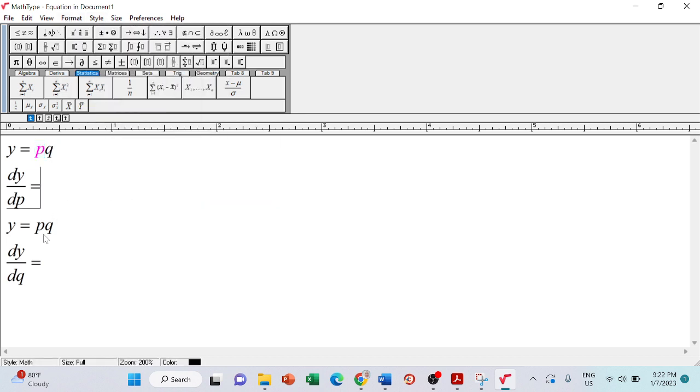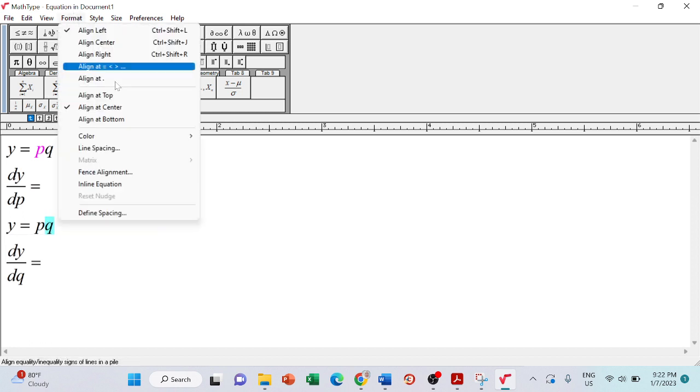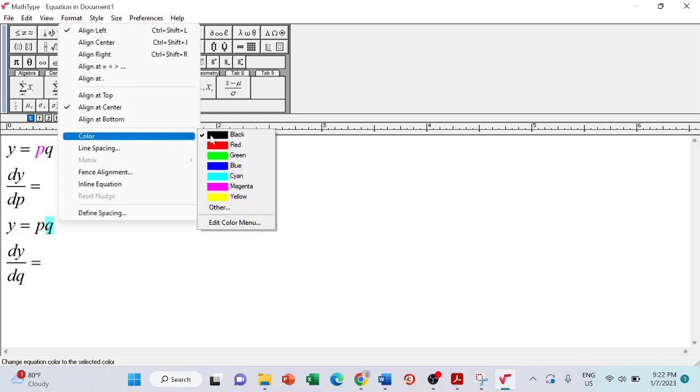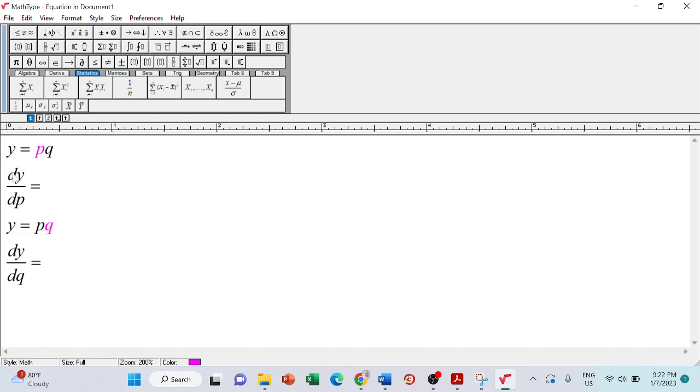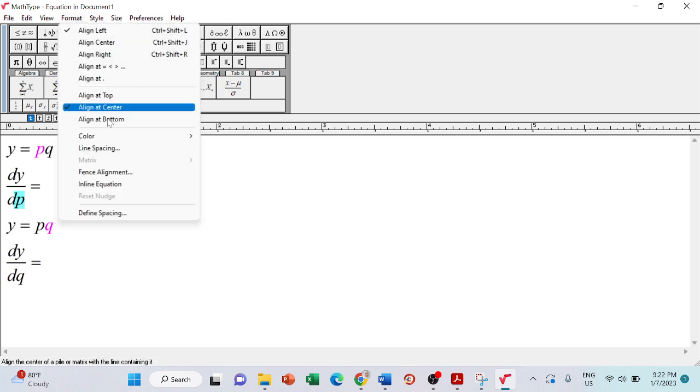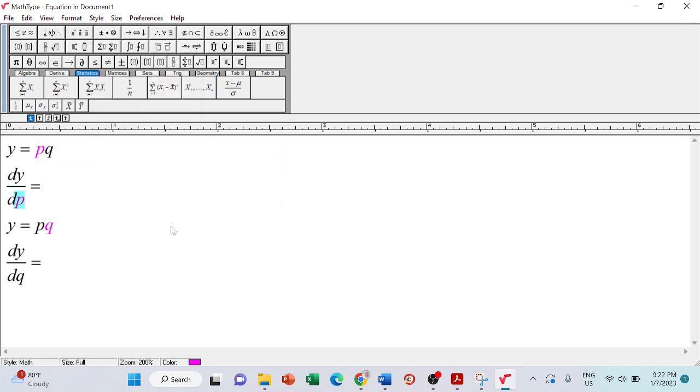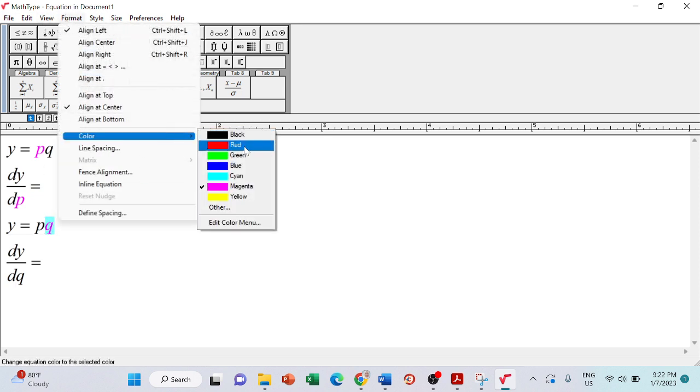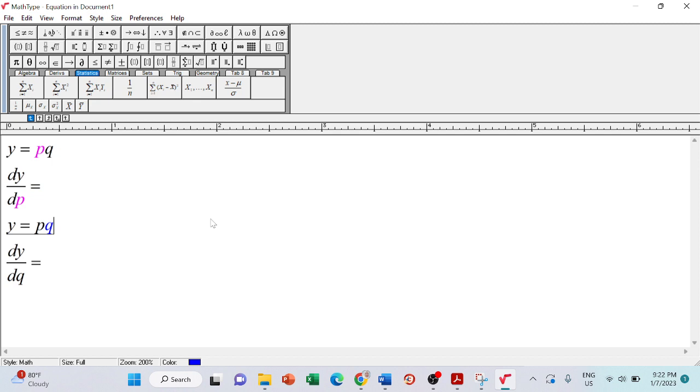Madam highlightkan supaya you tahu beza dia, supaya you tahu proses dia. First sekarang kita kat step sini. Sekarang Y sama dengan PQ.